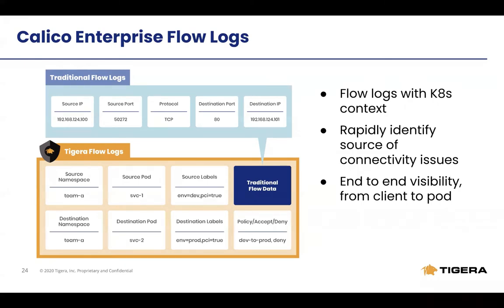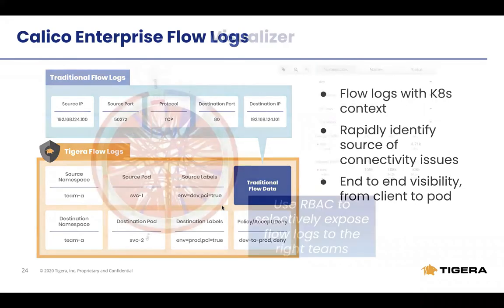But that's not enough with Kubernetes, because you need a lot more context to relate this traffic flow to an application or connection. So we collect more than the typical 5-tuple data: the namespace, source pod, destination pod, destination namespace, any labels, and so forth. So you have more context around that data.